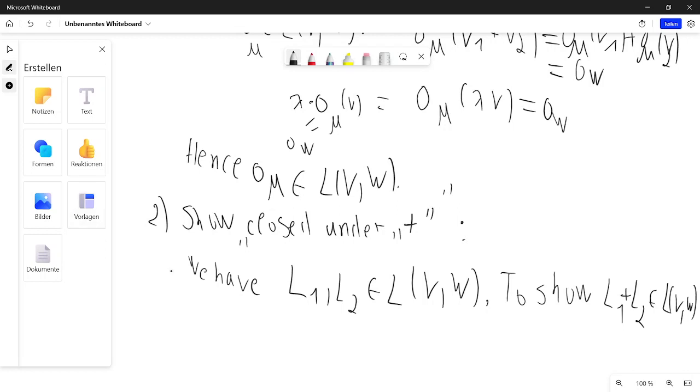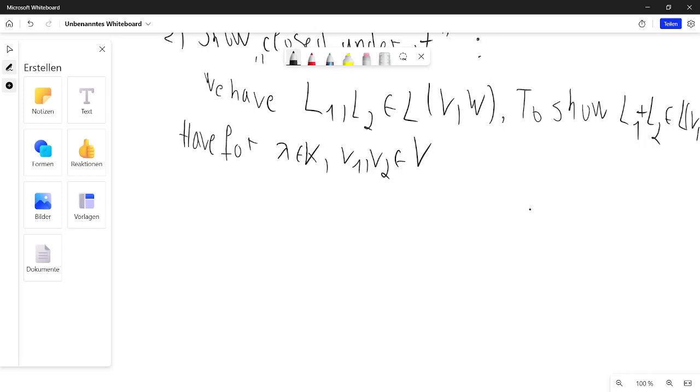So, we have for lambda element of K, u1, u2, element of V, that's L1 plus L2 of lambda v1 plus v2.